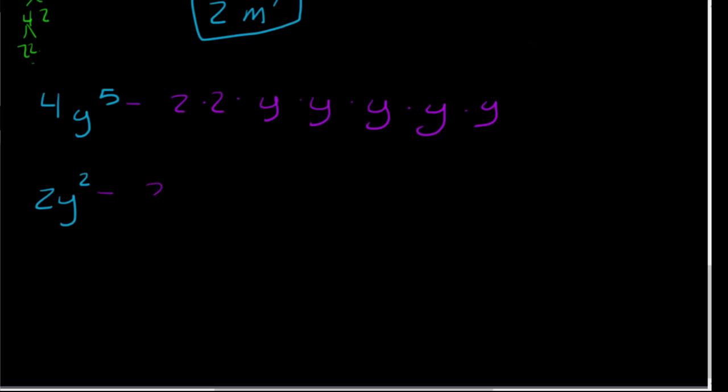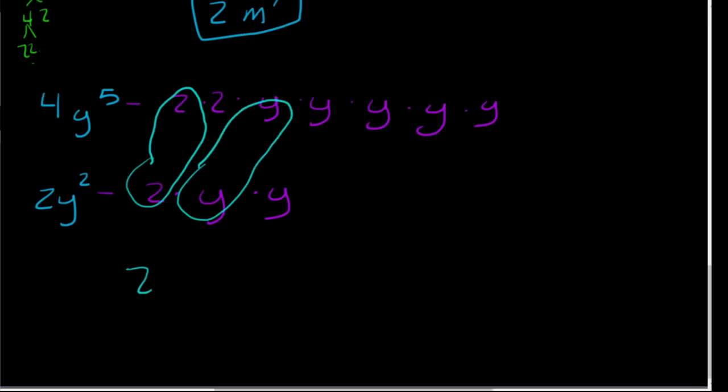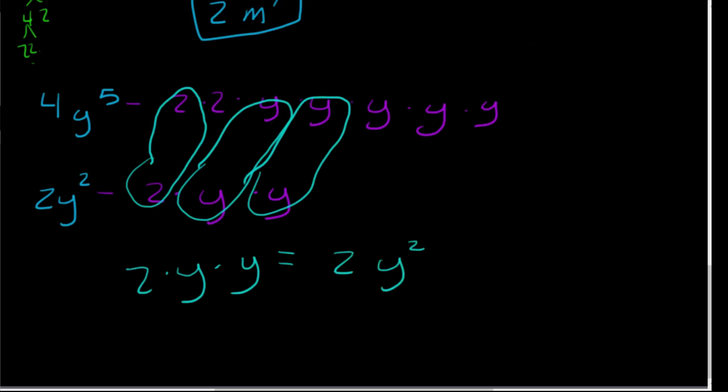And 2y squared becomes 2 times y times y. Again, we're just looking to find things we have in common. We've got a couple of 2's here, so I can bring that down. I got a couple of y's here, and that's all I have in common. And this becomes 2y squared.